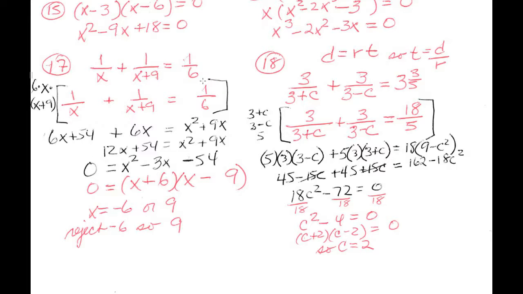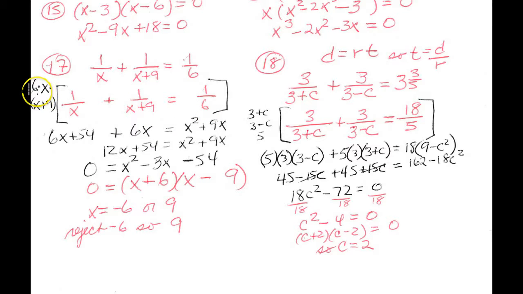Okay? So what do we do here? Well, we have to get rid of the fractions. Again, this is chapter 6 stuff. We have a rational equation. So we multiply each term by the lowest common denominator, which is our x plus 9, and 6.